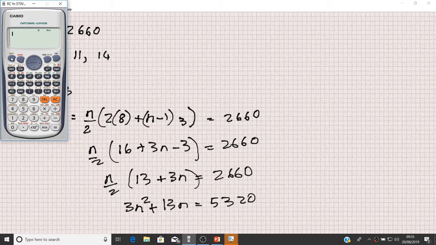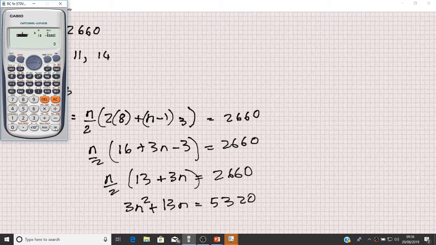So we'll look at mode 5, quadratic equation. So we have a equals 3, 13, and minus 5,320. Okay, so we're given two solutions here when we look at solving the quadratic.